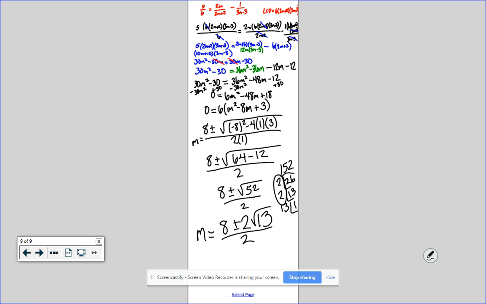Divide everything by 2. 4 plus and minus the square root of 13. Okay? And if I give you an answer that is not a whole number, you do not have to check it. So what happens to those 6s? It just goes away. I just basically divided everything by 6.